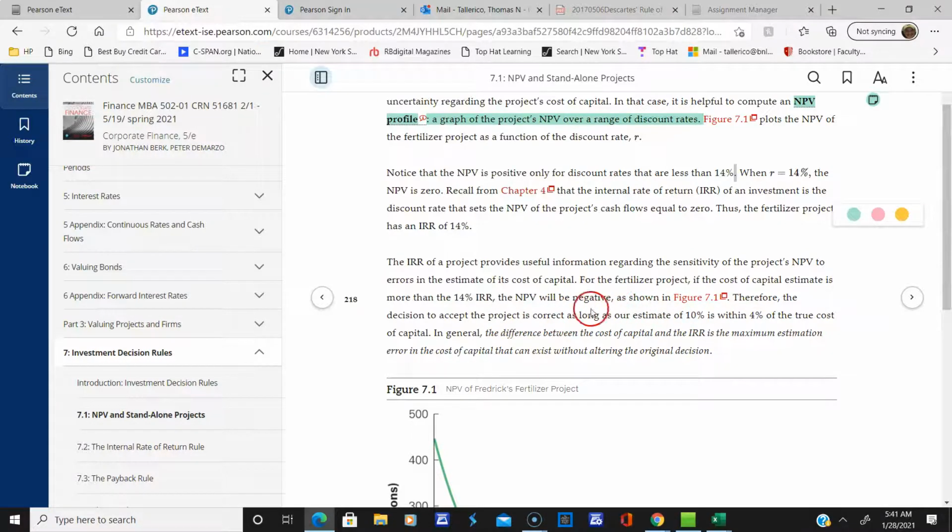Therefore the decision to accept the project is correct as long as our estimate of 10% is within 4% of the true cost of capital.